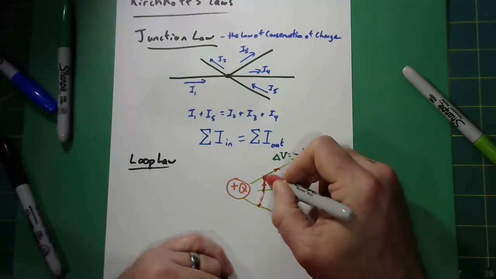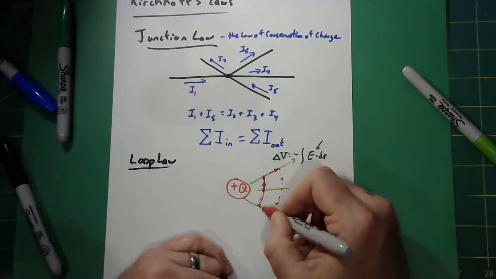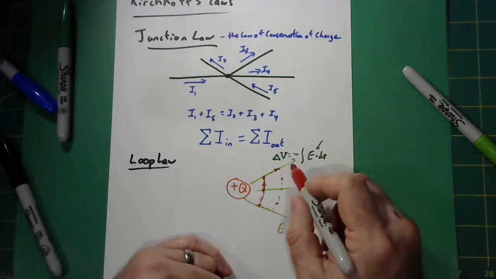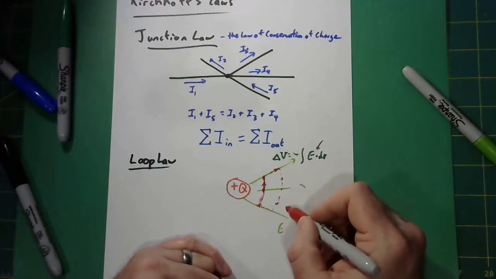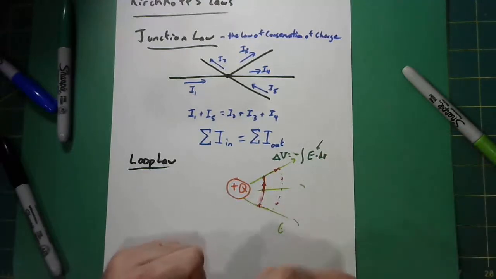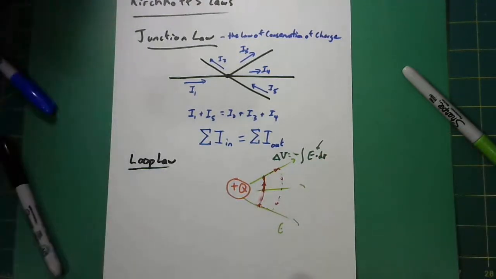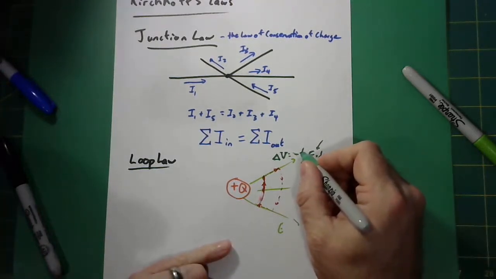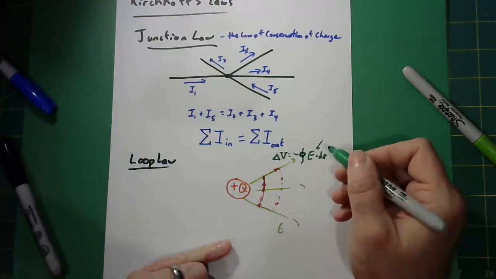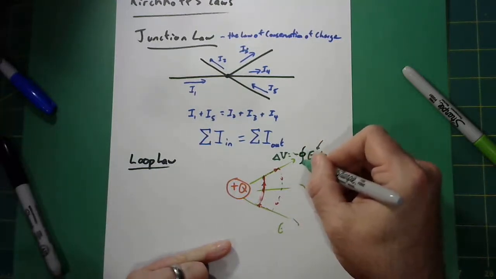And so the point is I end up back where I started physically. So if I do a delta V calculation, but I do it in a path that puts me back where I started, in other words, if I take an integral over a closed path, I'm going to put a little circle on my integral sign to mean it's a closed path.